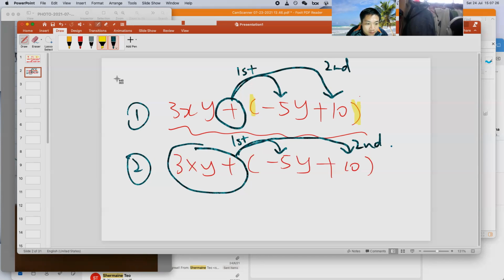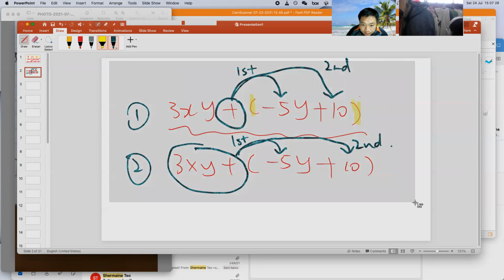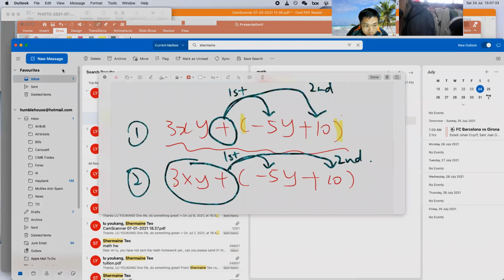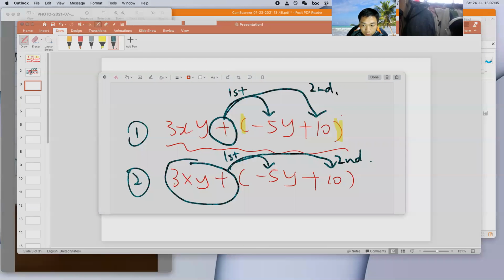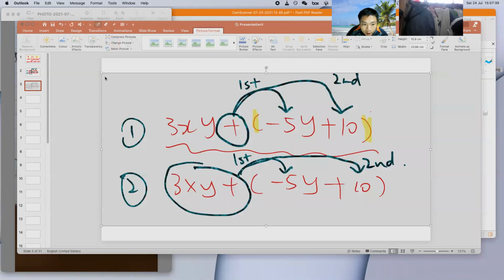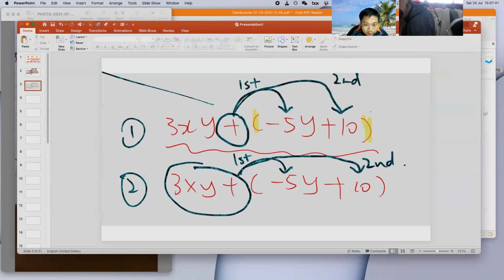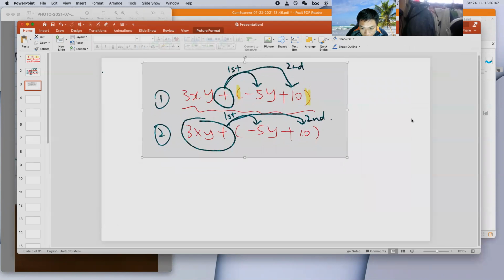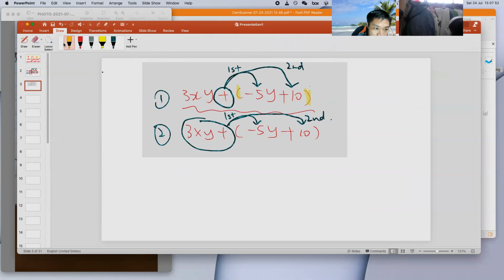Let's see how we can decide which one is correct. So how I decide? I give myself a simple example.